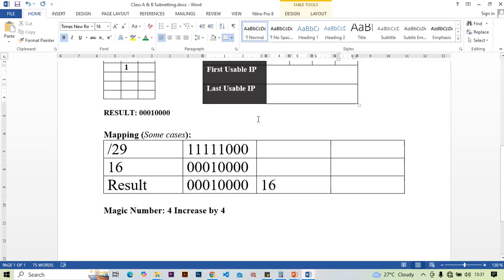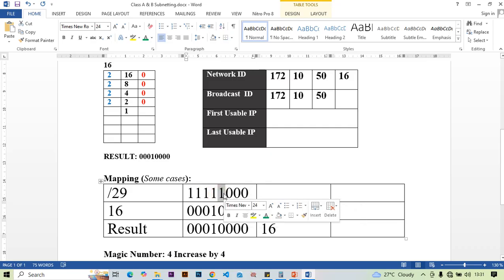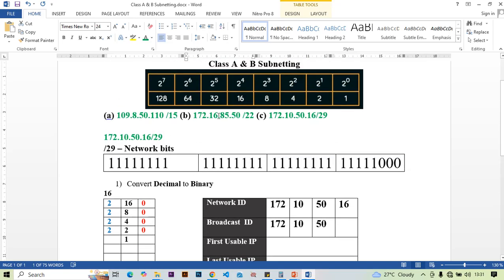We shall have to find the magic number. And the magic number is found by looking at the last bit of our /29 in this case. So our /29 in this case is in position 5 from your left. So it means you come here 1, 2, 3, 4, 5.